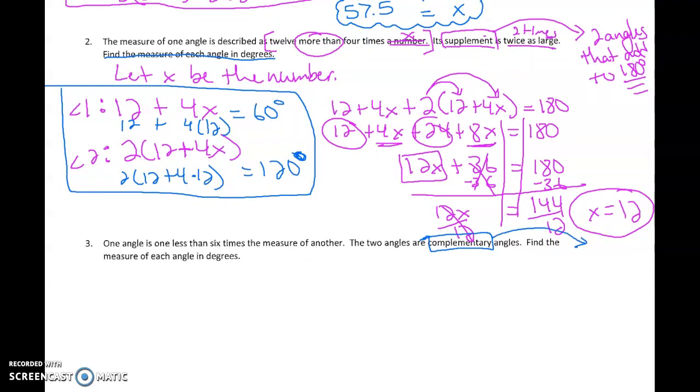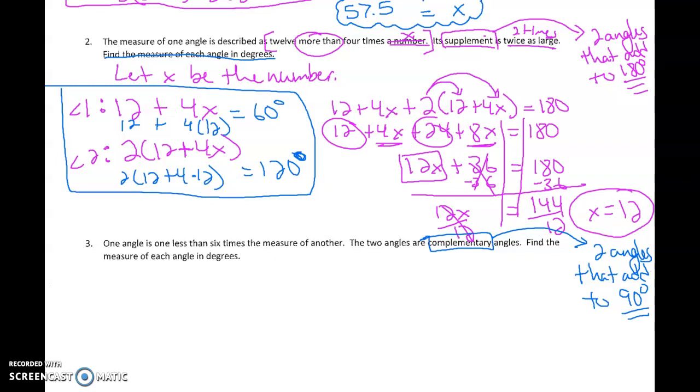Complementary means they are two angles that add to 90 degrees. These are just terms that you're going to run into. Supplementary angles are two angles that add to 180 degrees. Complementary angles are two angles that add to 90 degrees.